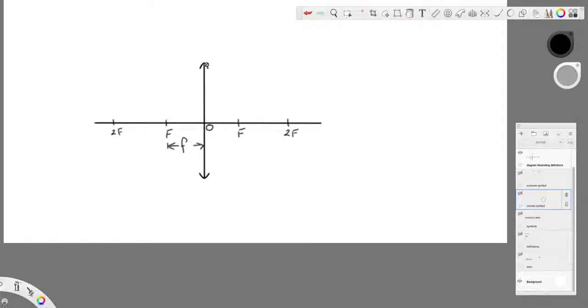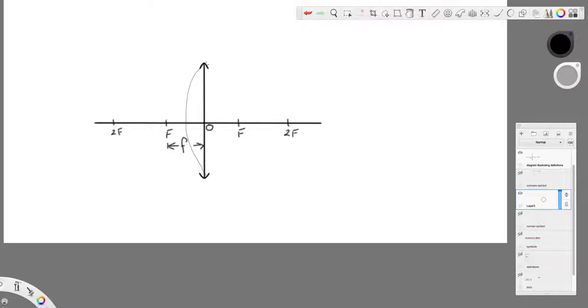If it was concave, they'd be like that. I have a point here, some distance from the optical center, which is the middle of my lens.